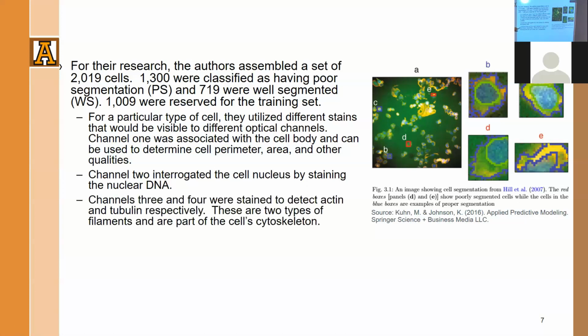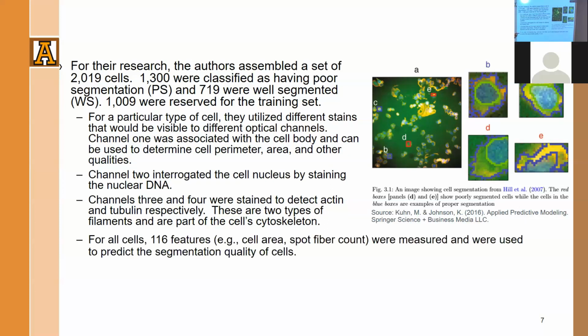Channels 3 and 4 were said to detect two substances, actin and tubulin. Don't ask me what they are, I don't have an idea. These are two types of filaments and are part of the cell's cytoskeleton.